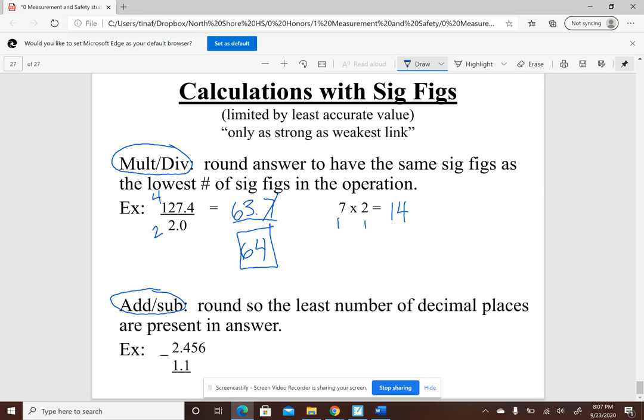I can't just erase the 4. 14 and 1 are not equivalent to the same number. You want to round to the 10 spot. So if I'm at 14, I could either round it down to 10 or I could round it up to 20. What would make the most sense? Since 4 is less than 5, I would round this number down to 10.